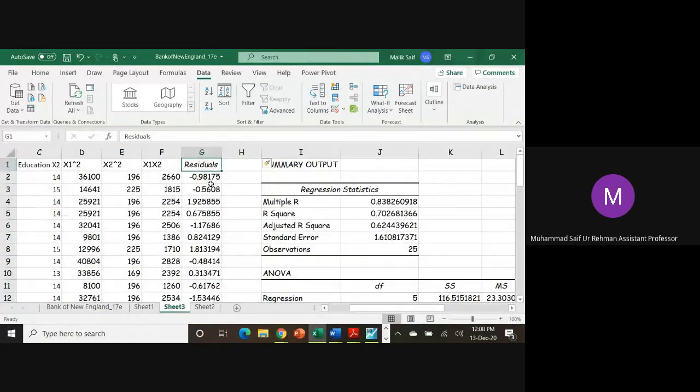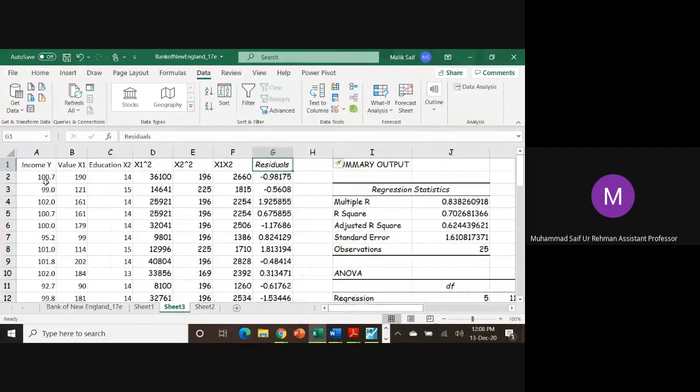So now I have the residuals. Once I have the residuals, I can regress these residuals on the explanatory variables to know about the issue of heteroscedasticity. And if you are going to use the White's test, then you would have to take the square of these residuals. So now you can have E square.